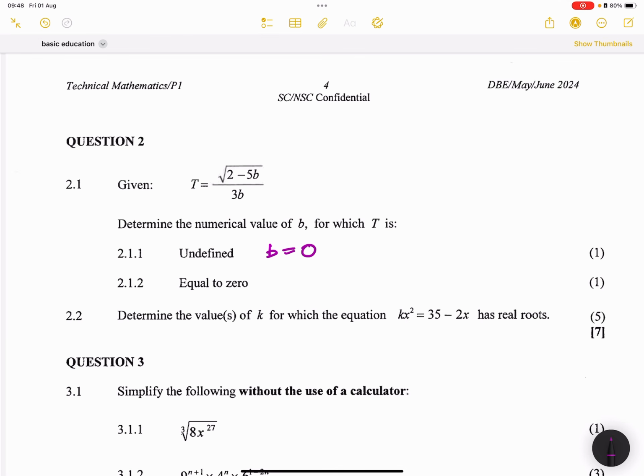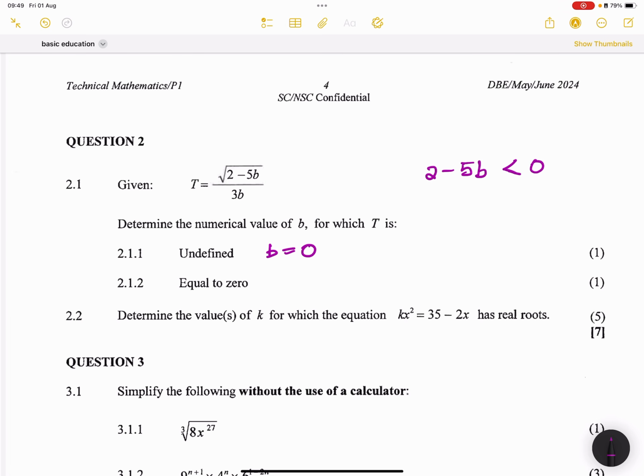But I also want you to keep in mind that we cannot have a negative under the square root. So it would be undefined if 2 minus 5b would be less than 0. In that case, remember that would be the square root of a negative number.